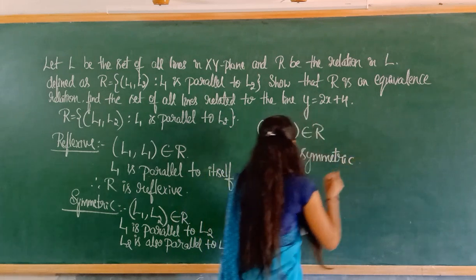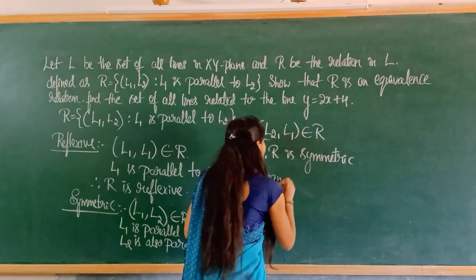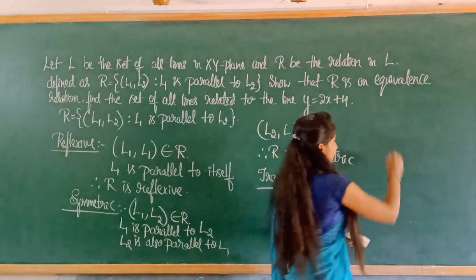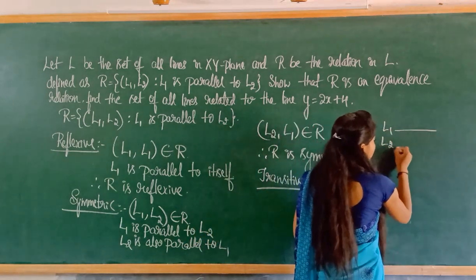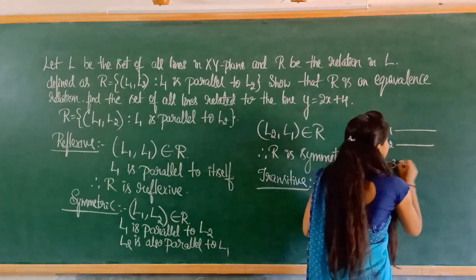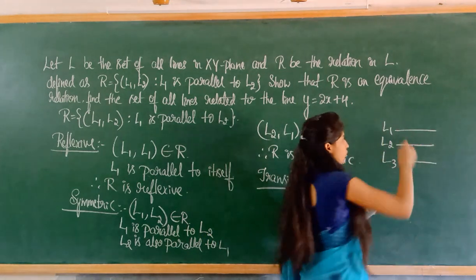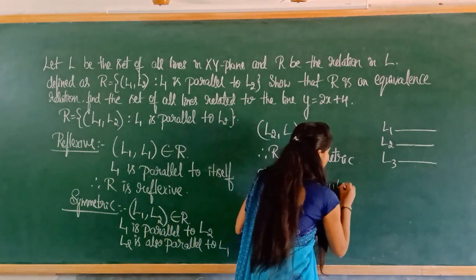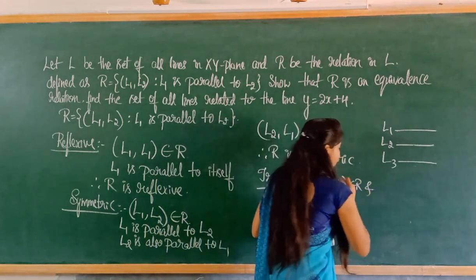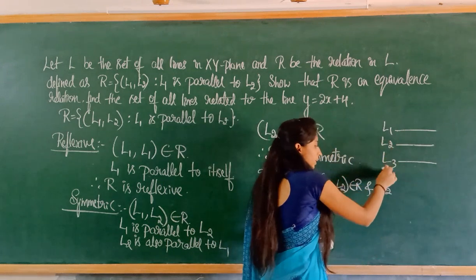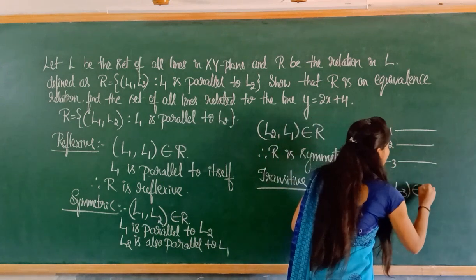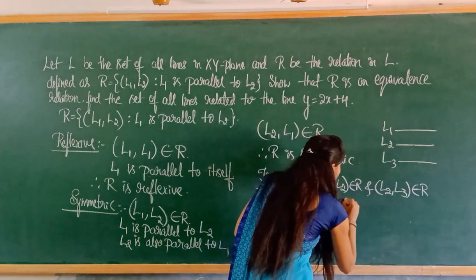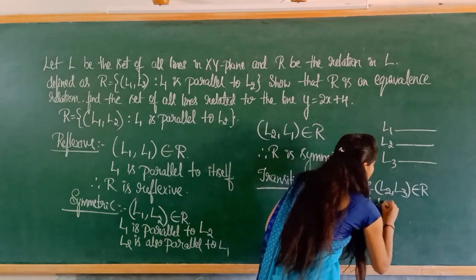In the same way for transitive, see what say, L1 line is parallel to L2 line, right? Then L2 line is parallel to L3 line. Then of course L1 line is parallel to L3 line. Here (L1, L2) belongs to R and (L2, L3) belongs to R. Therefore what happens? L1 is parallel to L2.